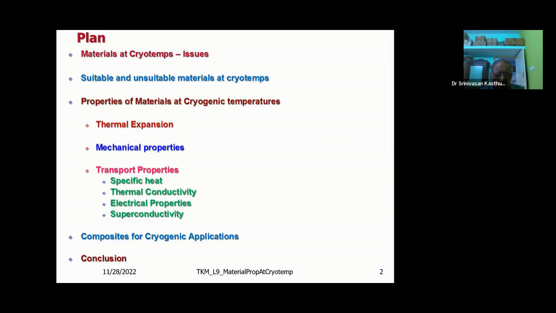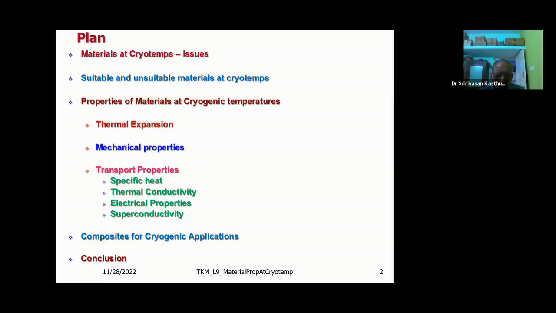We will discuss the various materials and their properties at cryogenic temperatures, and what sort of issues one faces when you use different materials. So we have to characterize suitable materials and unsuitable materials for cryo temperatures. Then we'll discuss the various properties of materials at cryogenic temperature.